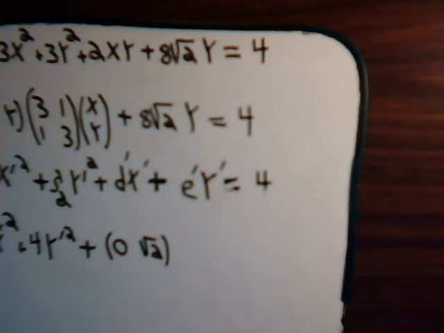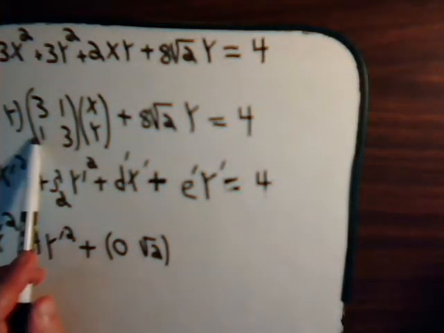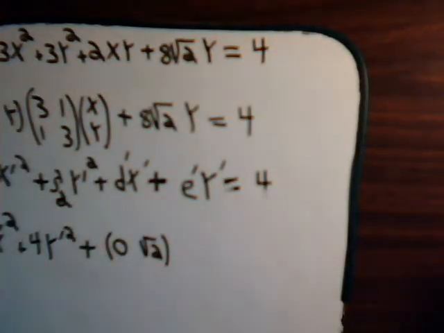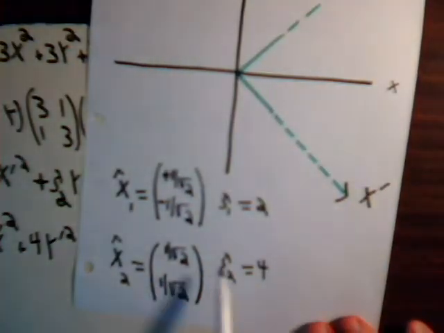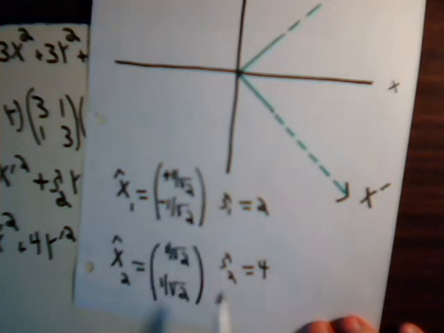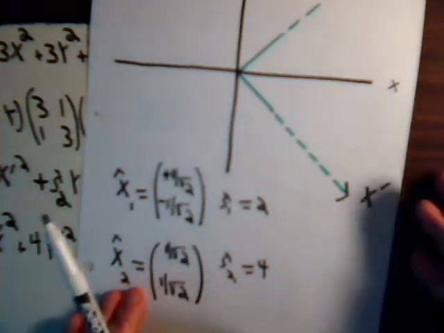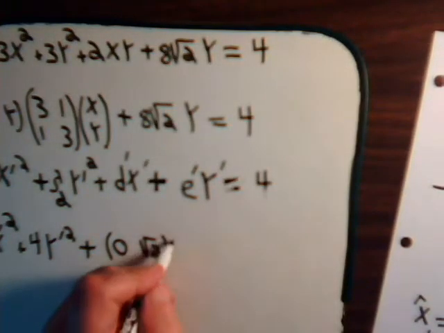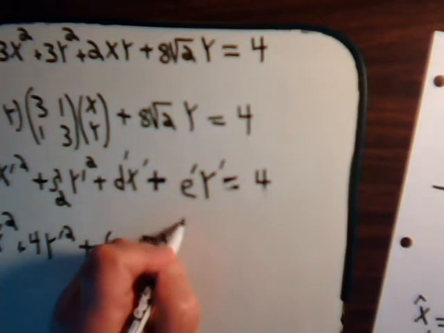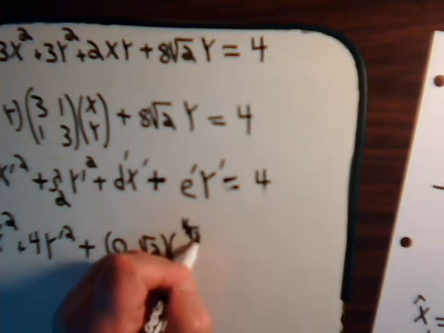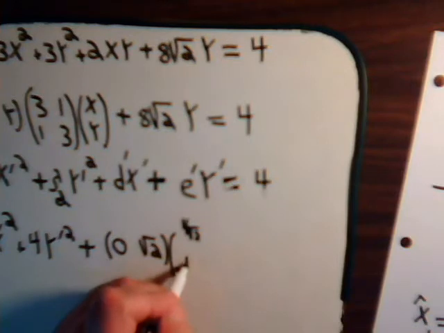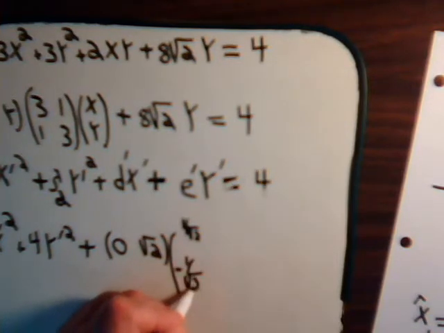And the Model matrix is comprised, of course, of the eigenvectors of this matrix, specifically the unit eigenvectors. This is the first column. This will be the second column. So we have 1 over the square root of 2, minus 1 over the square root of 2.